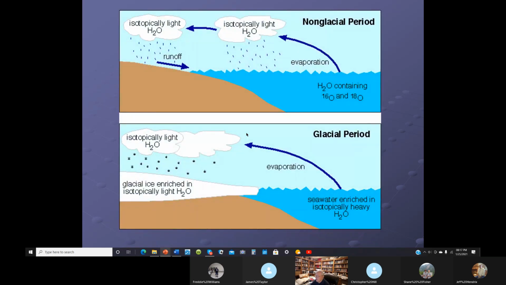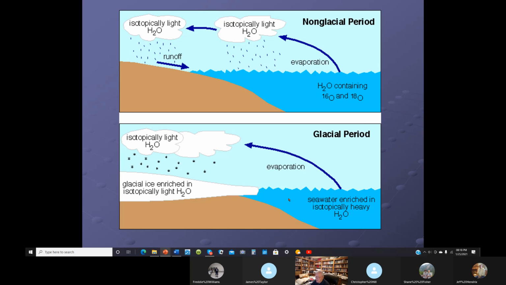this water here, this glacial ice, has a lighter H2O in it, and the seawater has a higher level of the heavier. So sea creatures, fish and so forth, fossils, are going to have more of the oxygen 18 isotope, which will have 10 neutrons and 8 protons in the nucleus.